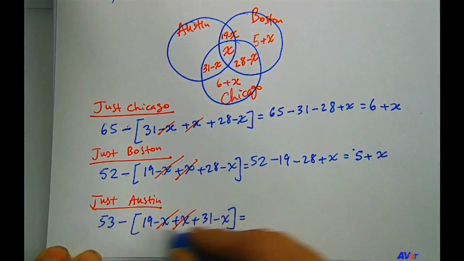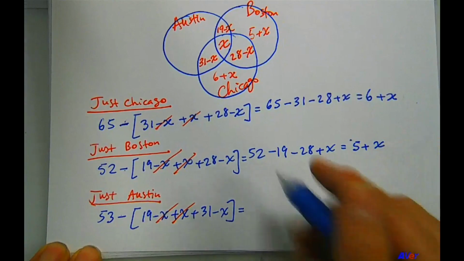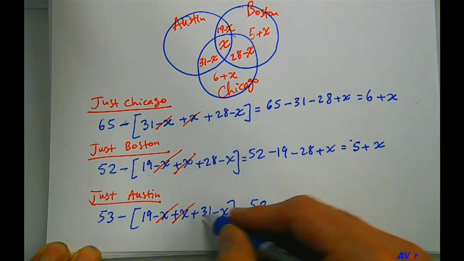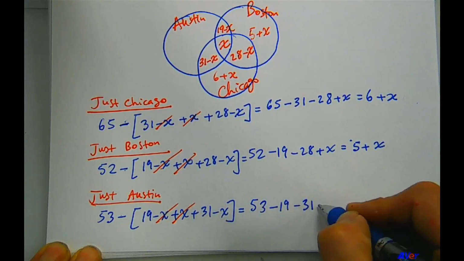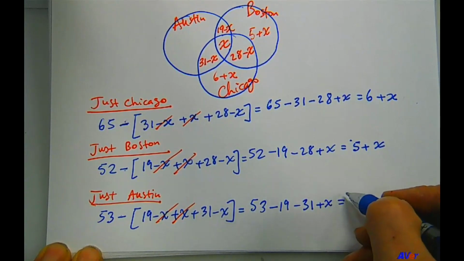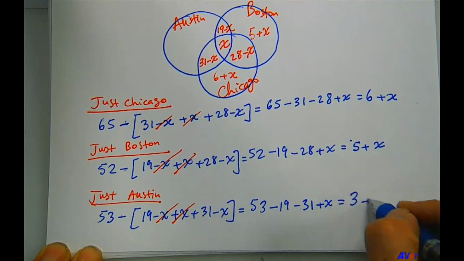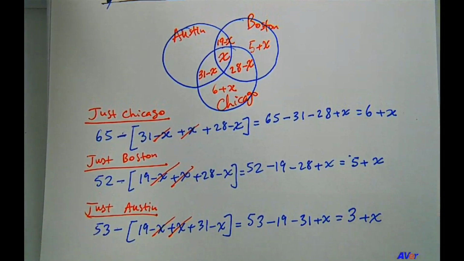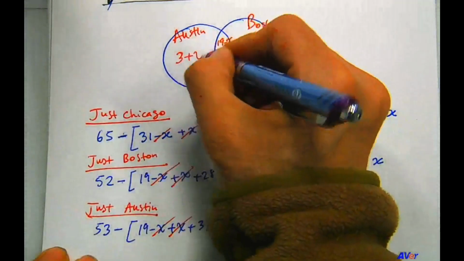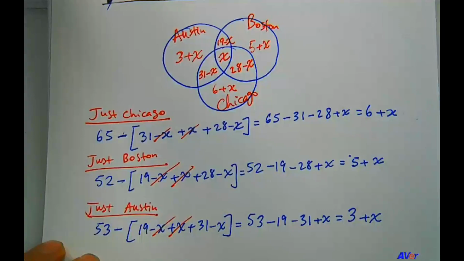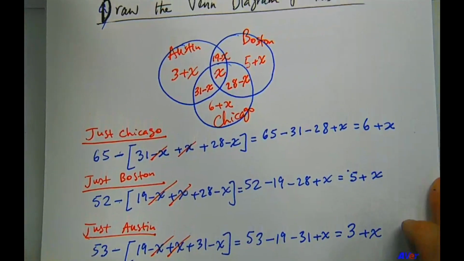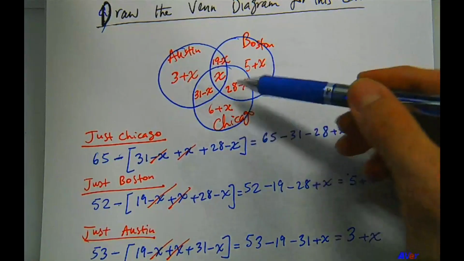So let's distribute this minus to everything that's left. So 53 minus 19 minus 31 plus X. So for Austin, we end up with 3 plus X. Let's write that down here.